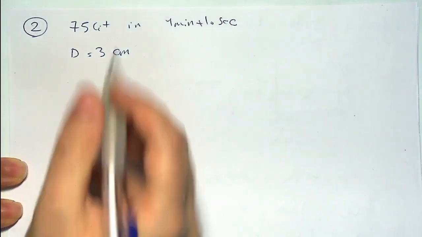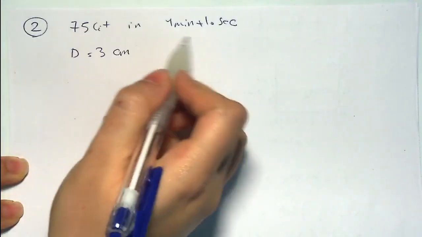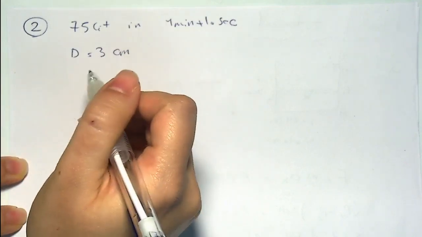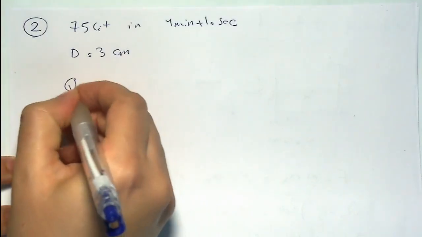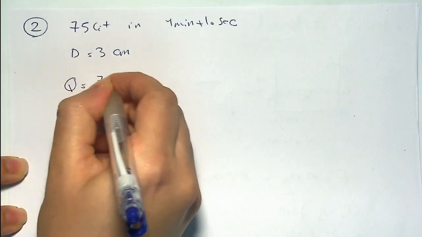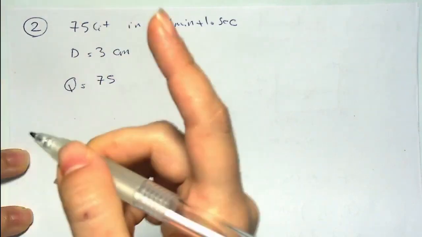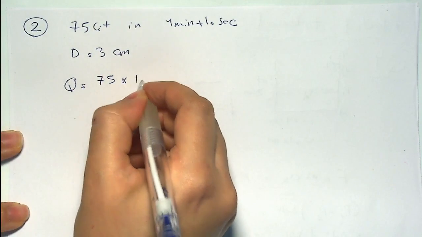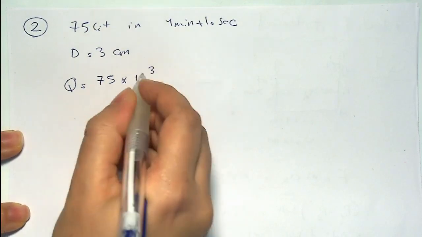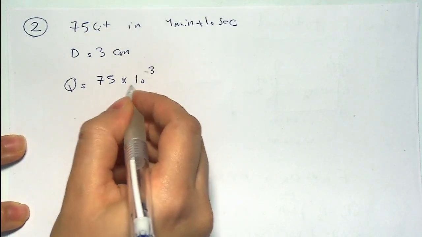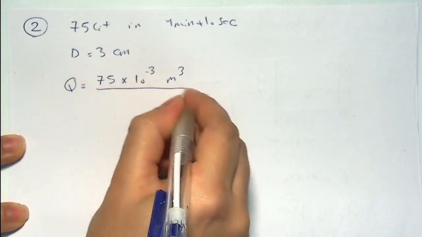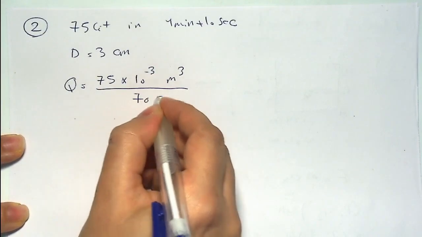So 75 liter in 1 minute 10 seconds is actually giving us the Q. Q is equal to, but we need to change the liter to cubic meter because we need the cubic meter per second. 75 liter is equal to 75 multiplied by 10 to the power of minus 3 cubic meter, and it's getting filled in 70 seconds.